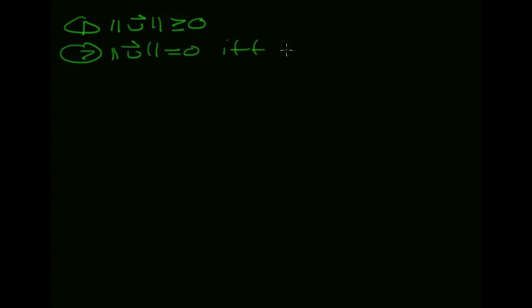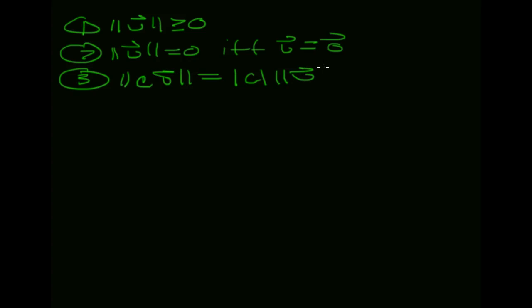So with this idea of a norm, a distance, and an angle, I get a whole bunch of truths. 1. The norm is always non-negative. 2. The norm of a vector is only going to be 0 if the vector is the 0 vector. 3. If I take the norm of a scalar times the vector, that's equal to the absolute value of the scalar times the norm of the vector.